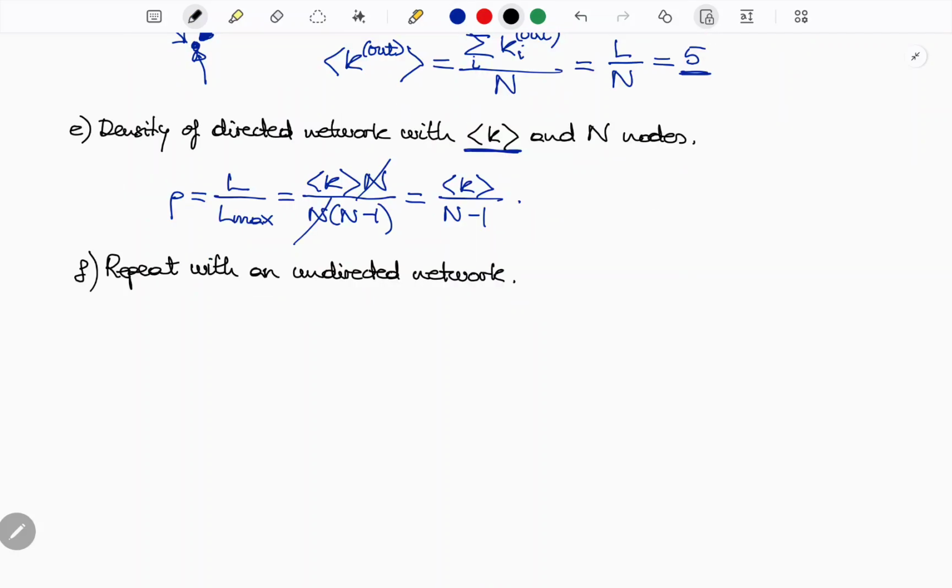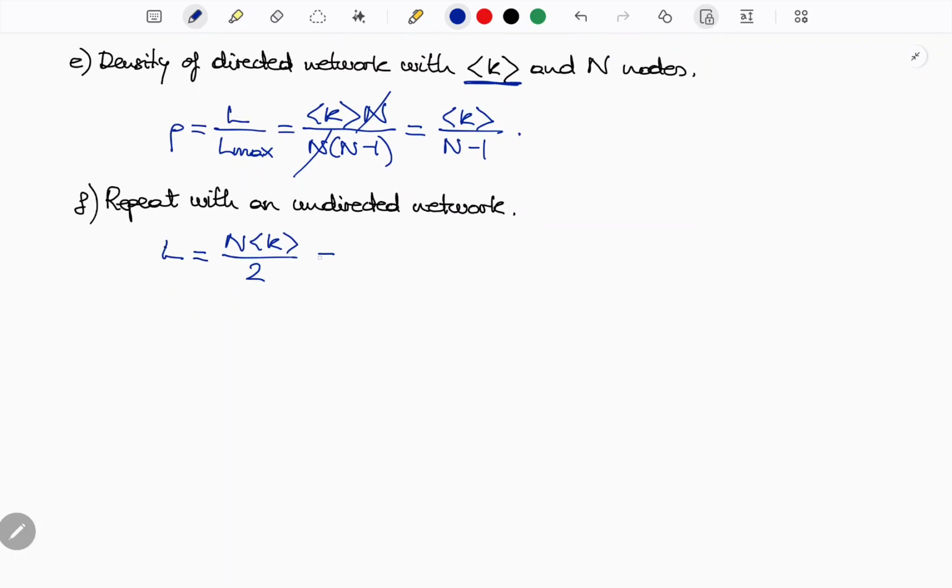Now, if instead of a directed network I had an undirected network, and they gave me the average degree, remember that I can compute the number of links of the network from the average degree by multiplying by n. But also I have to divide by 2. So this is the number of links of the undirected network. And now the density is, remember, L divided by L max.